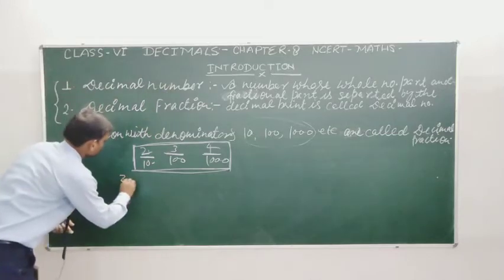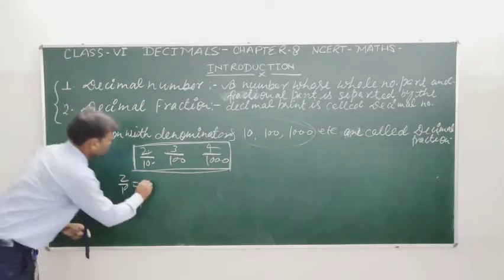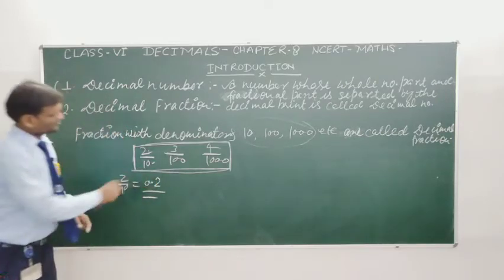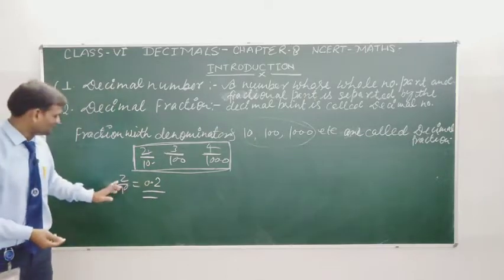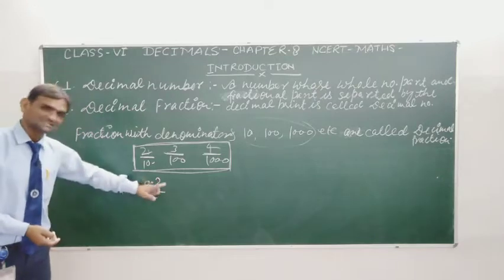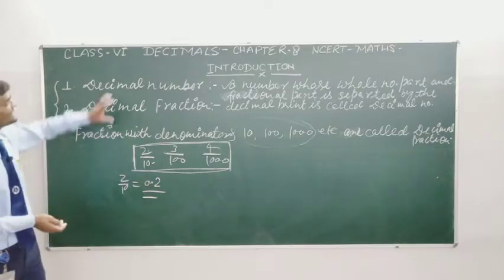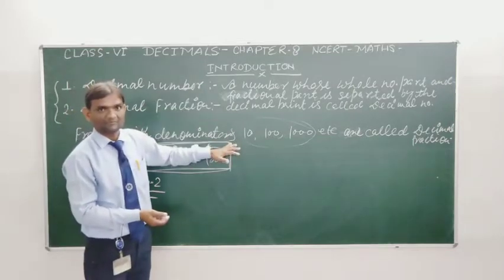We can write 2 upon 10 like this in decimal number 0.2. Look here student, both are equal, but this is decimal fraction and this is decimal number. But what is the difference in definition of both? I have written here.